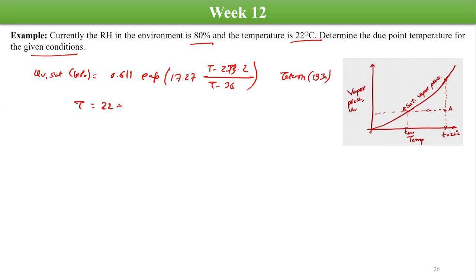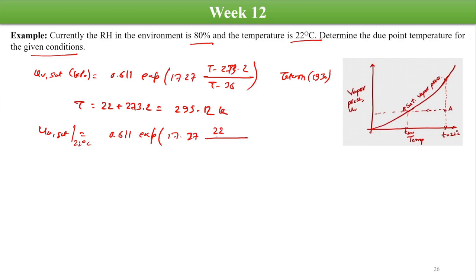The T is given as 22 plus 273.2, which is 295.2 Kelvin. So this Uv sat at 22 degrees Celsius will be 0.611 exponential 17.27 times 22 upon 295.2 minus 36.